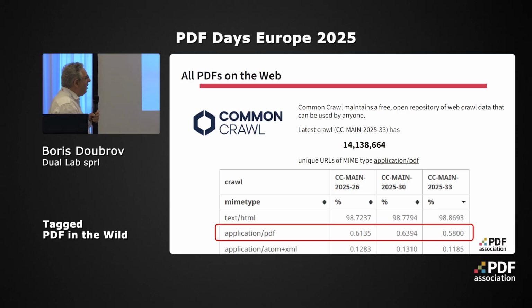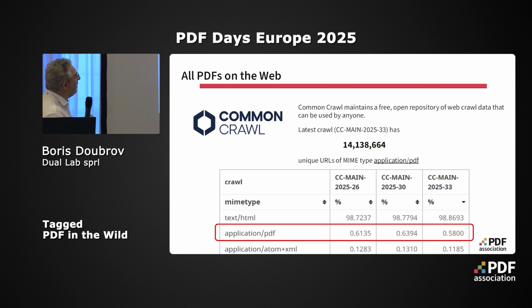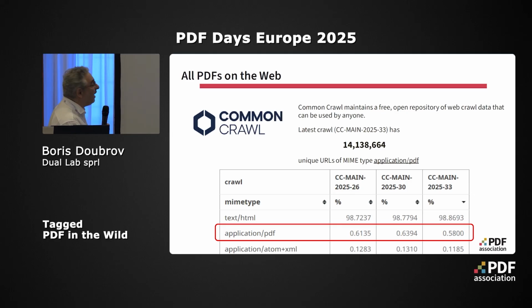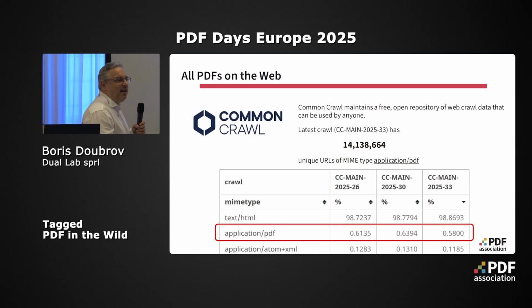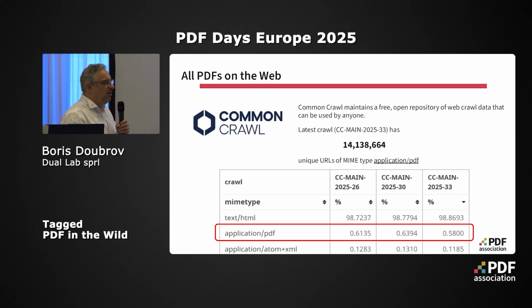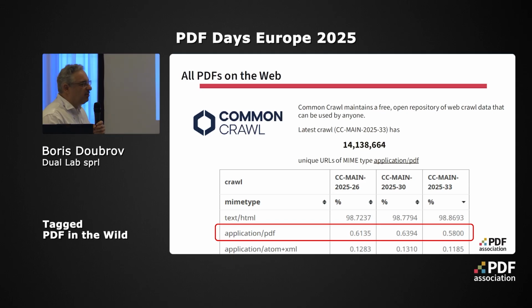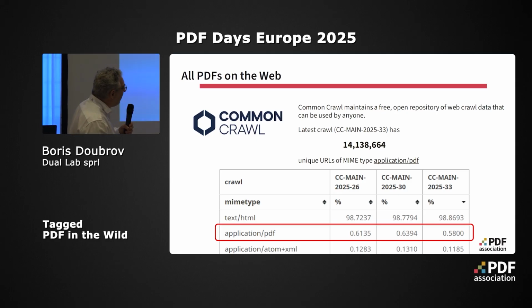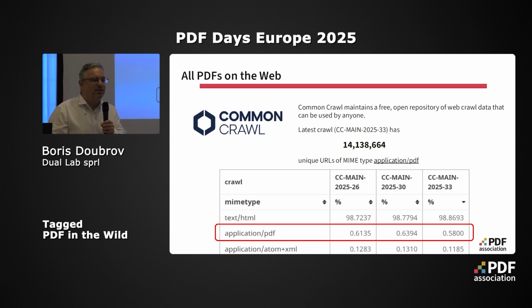A very first statistic comes here. This is how the MIME type application PDF compares with other MIME types. It was a bit surprising that application PDF is the second most popular MIME type for all URLs on the web. First is text HTML, which is kind of obvious. The percentage is a bit disappointing: you have 98.8% HTMLs, compared to 0.85% of PDF documents.